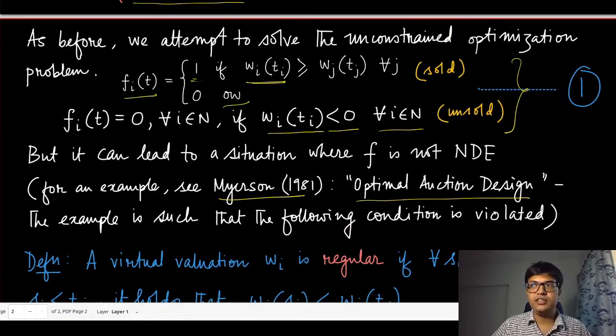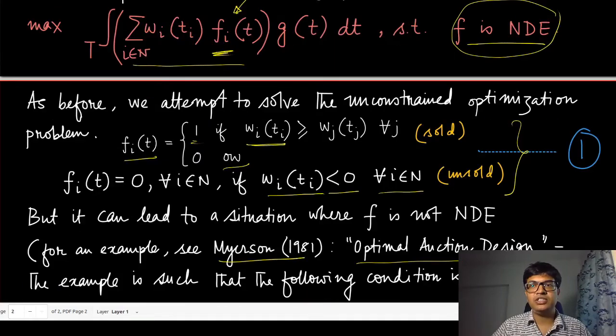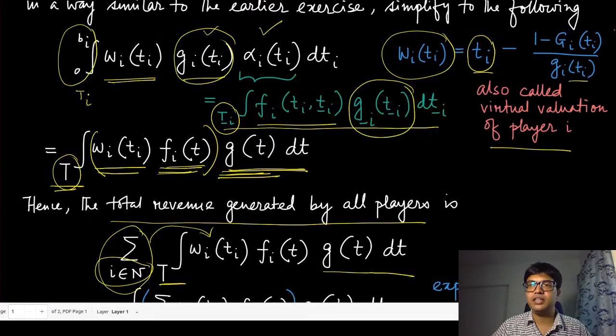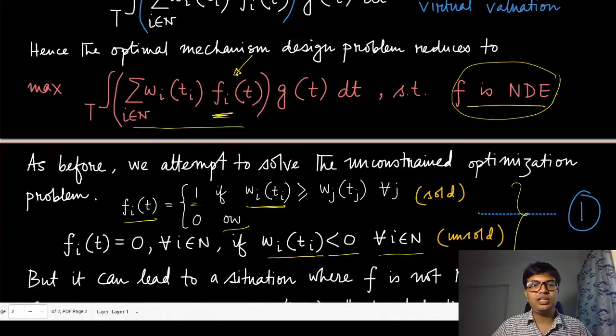In that case, the W was monotone non-decreasing, and these GIs were satisfying the condition of monotone hazard rate, which gave rise to the fact that WI was monotone increasing, and that was helping us in making this constrained optimization problem into an unconstrained optimization problem.